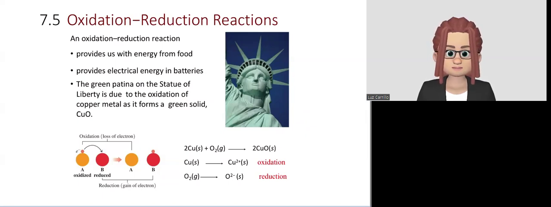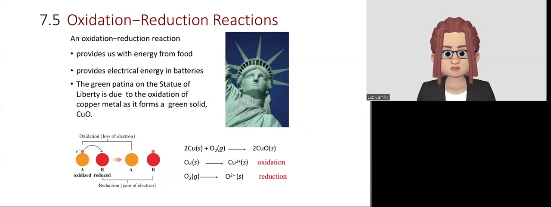Combination reactions, decomposition reactions, single replacement reactions, and combustion reactions can undergo oxidation and reduction.